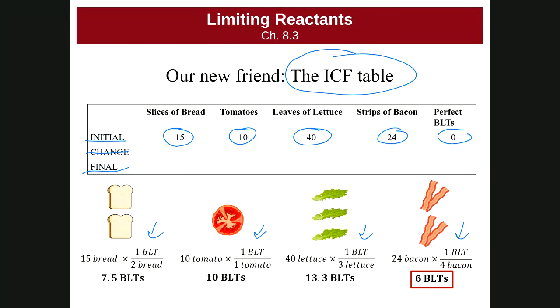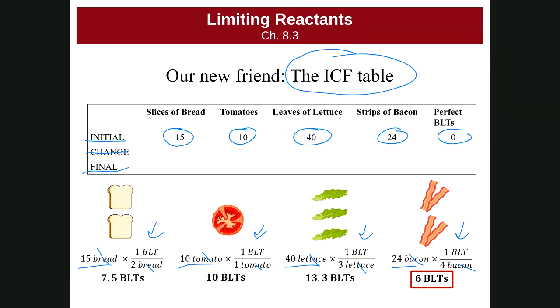ingredient ratio. So when we use these ratios and the amount of each ingredient that we had to start with, we multiply by our ratio so that we can cancel out bread, tomatoes, lettuce, and bacon in all of our equations.